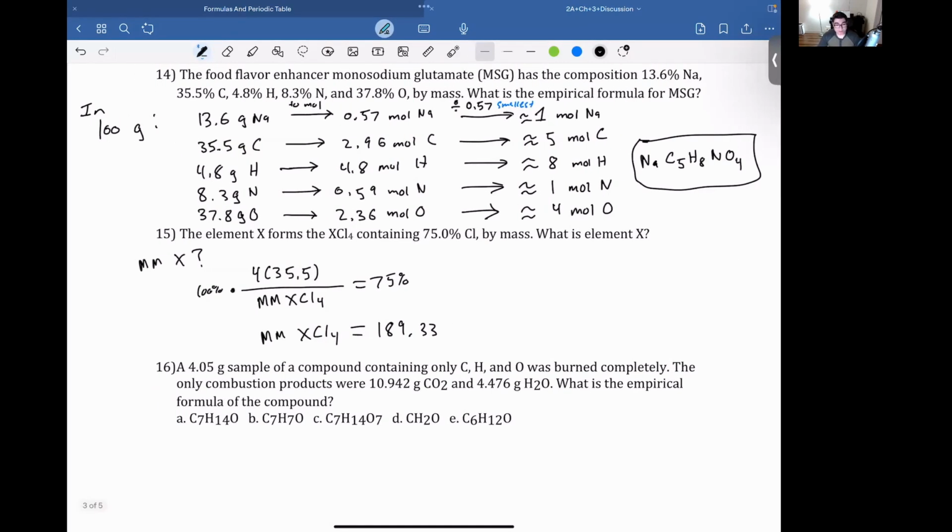Okay. Now what we can do is figure out what the molar mass of X is, right? So X contributes 25% of this because there's two things, X and Cl4. So 25% of this thing is 47.33.